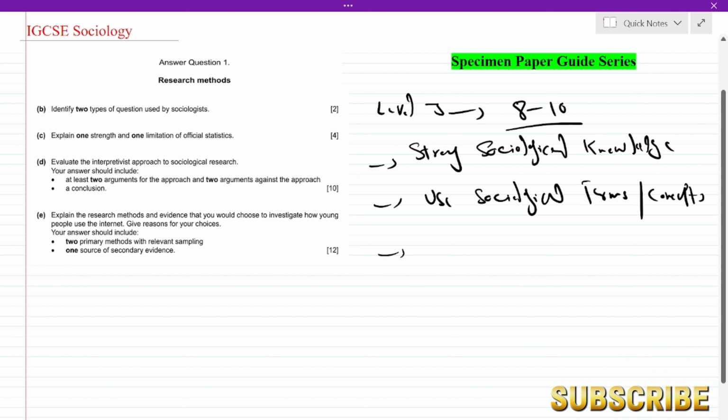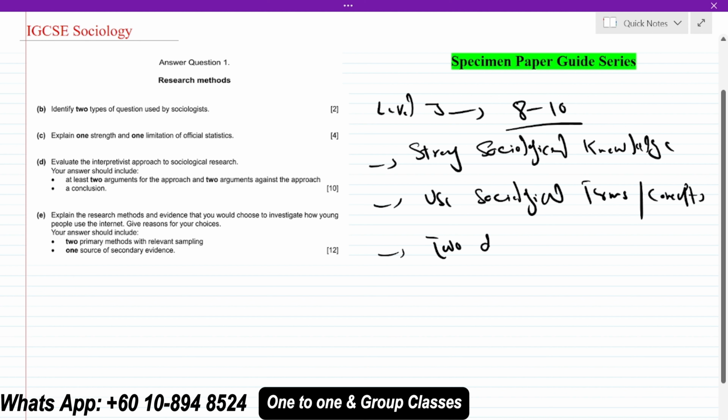And the third thing that you can use over here is to develop points for both sides. Both sides mean that you have to talk in favor and provide an opposing argument.